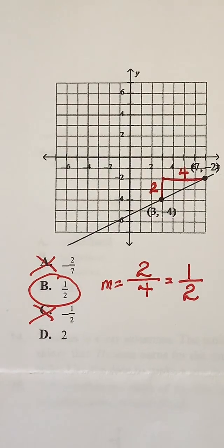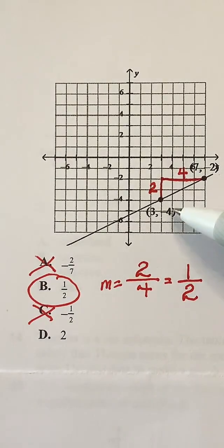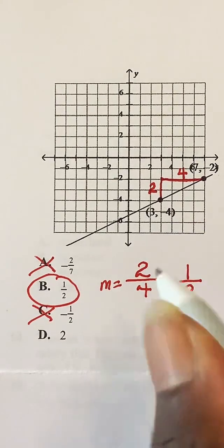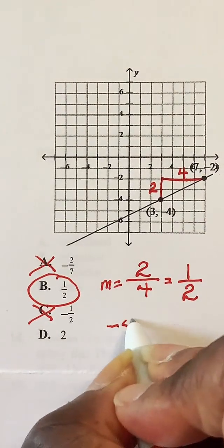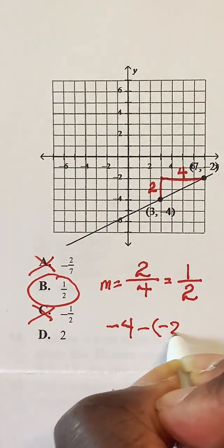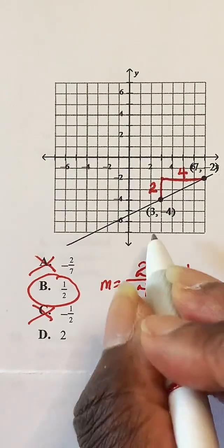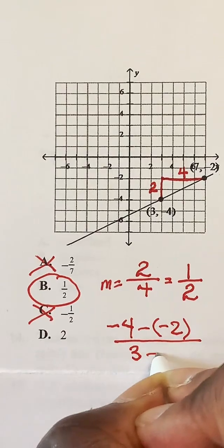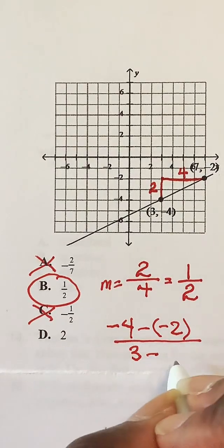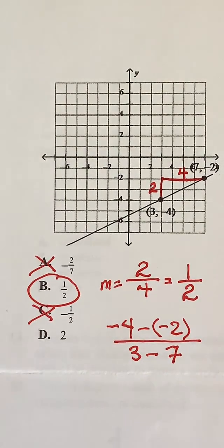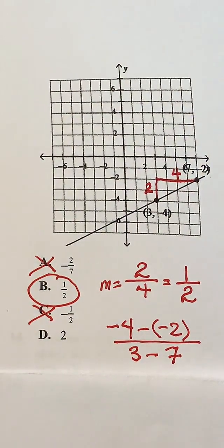You could, if you want, do the calculations that we did earlier. Our y sub 2, so if we wanted to, we could have gone -4 minus a -2 over 3 minus, I think that's a 7. Yep.